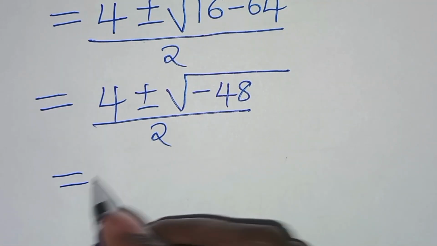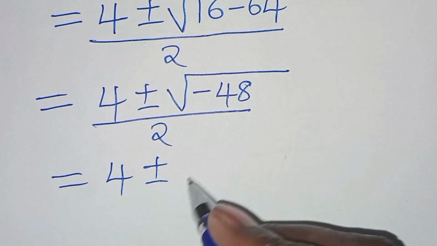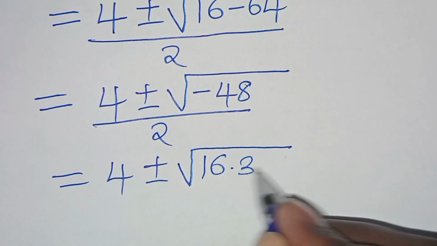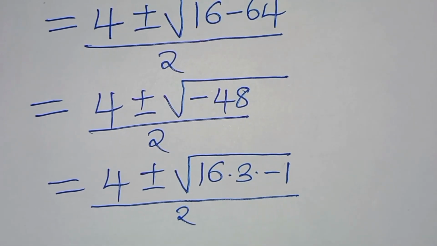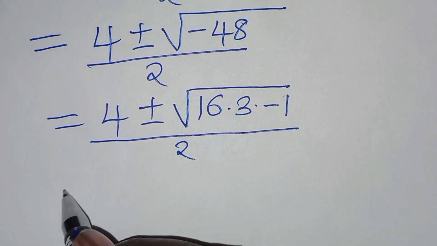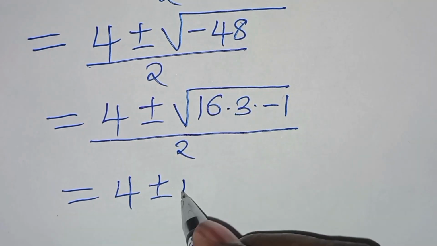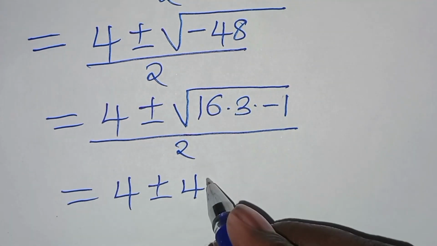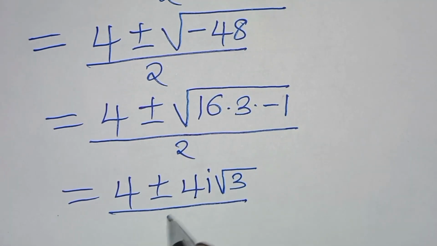So here we have 4 plus or minus. We can express the square root of minus 48 as the square root of 16 times 3 times minus 1, all this divided by 2. So this implies that we have 4 plus or minus the square root of 16, this is 4, then the square root of minus 1, this is actually i, then the square root of 3, divided by 2.